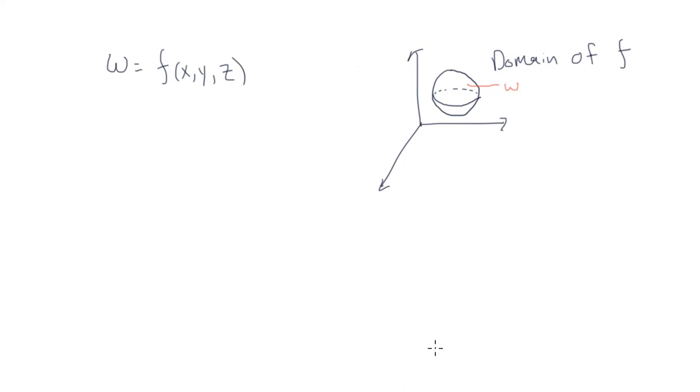And the example I like to fall back on is, okay, I live in a three-dimensional world, and here is sort of this region. Now what can I assign to each point in space? Well, my go-to example is temperature. Now, I can see this point in space, W. I can't actually see its temperature, but I can imagine that there's some scalar number associated to this point in space that's its given temperature.